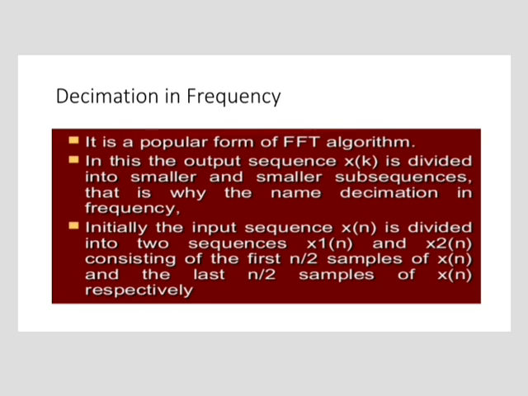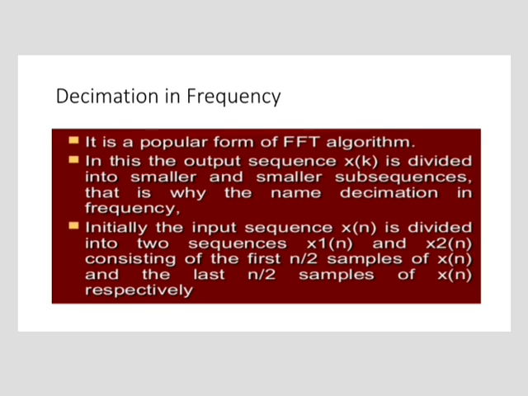So it is a popular form of FFT, that is the fast Fourier transform algorithm. Here the output sequence X[k] is divided into smaller and smaller subsequences. That is why the name decimation in frequency.